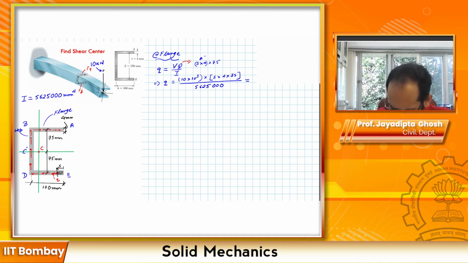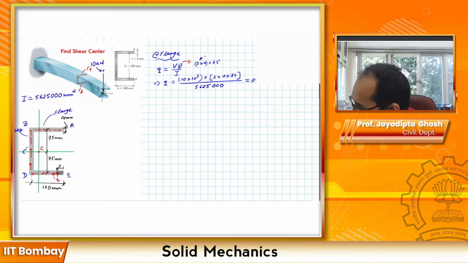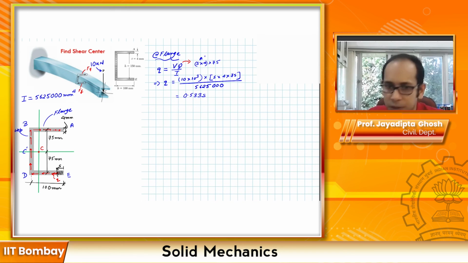So that will overall give you, I have this calculated already, 0.533 S. So it is in terms of S because you have this guy S over here.